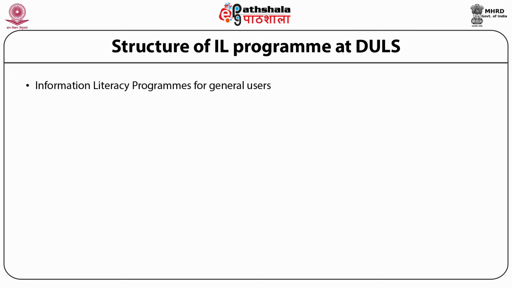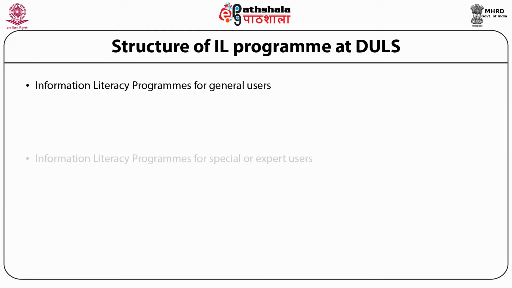Information literacy programs for the general users are meant for those users who are not much aware of the library sources, resources and the collection. So they are oriented in order to make them aware of the different types of collections and services available in the library, so that they can maximally utilize the information resources and services of the library.